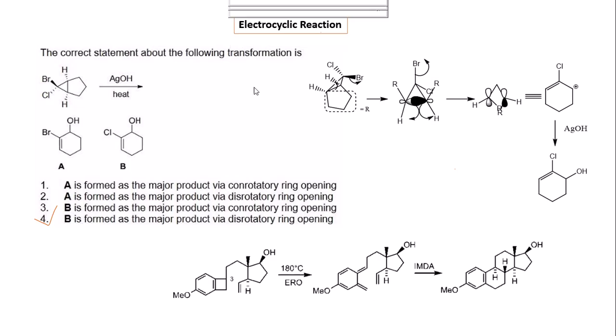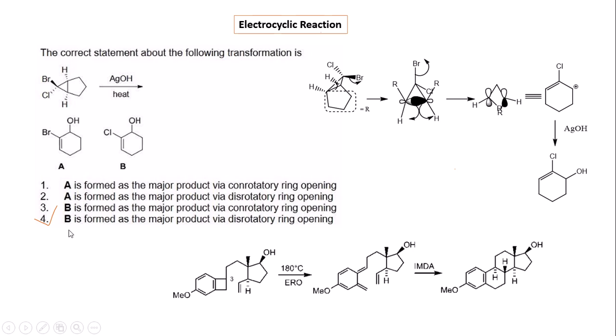This is the problem of electrocyclic reactions, where the alkyl group is considered as the R group, and this R group is similar to the bromine, where the bromine and the alkyl group are on the same side. When it undergoes disrotatory ring opening, it gives the V-shaped or U-shaped conformation, where the ring formation is more favorable, and hence the bromine elimination is more favorable, and we get this product.